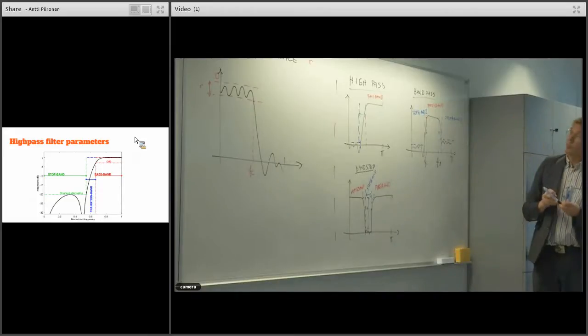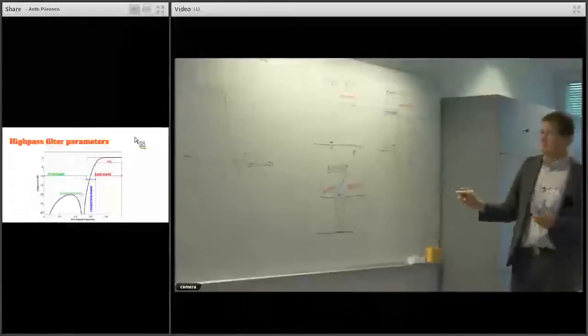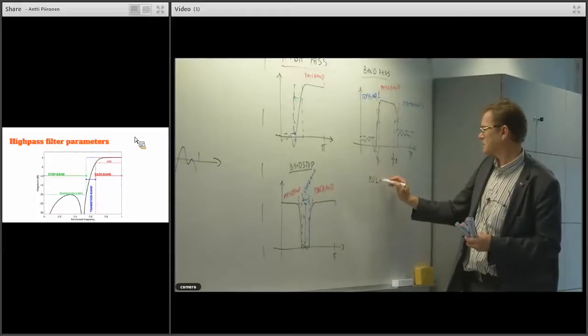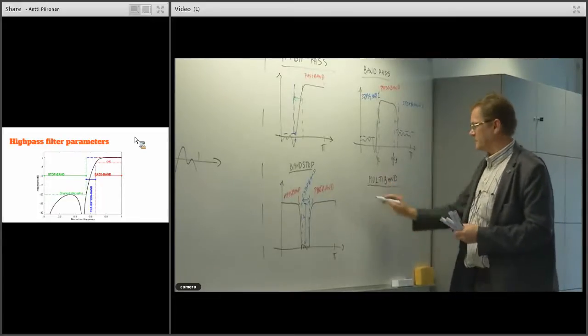Then one more, which is fundamentally a generic kind of form. It's also the so-called multi-band filter.